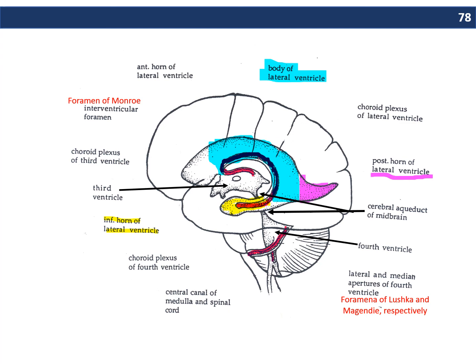So when we are looking at these fluid-filled spaces that make up the ventricles within the brain, these spaces are responsible for making cerebrospinal fluid, because the choroid plexus, which is shown in red, is located in these spaces.